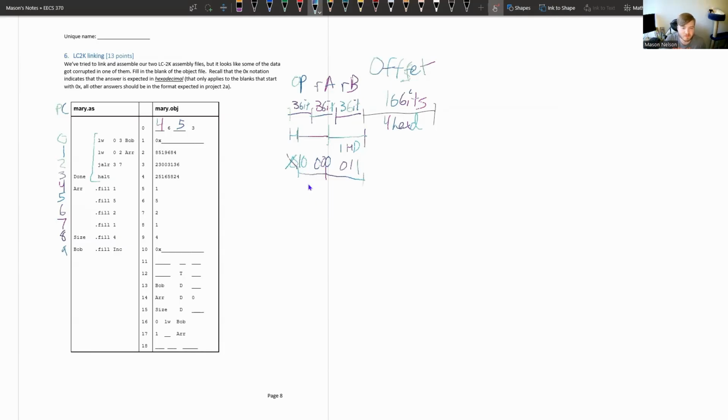1, 0, 0, 0 is an 8. 0, 0, 1, 1 is a 3. And then we can move on to the offset. In order to do the offset, this is a label. We see that the label Bob is defined. And so when we're calculating the offset, we just take the address that it's at.